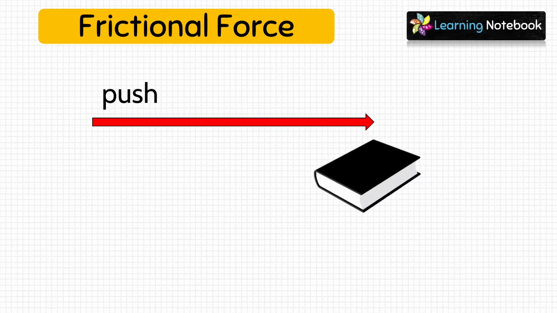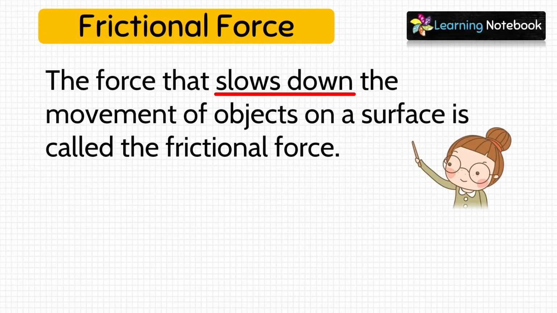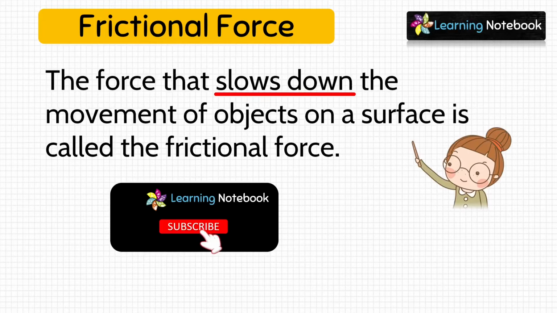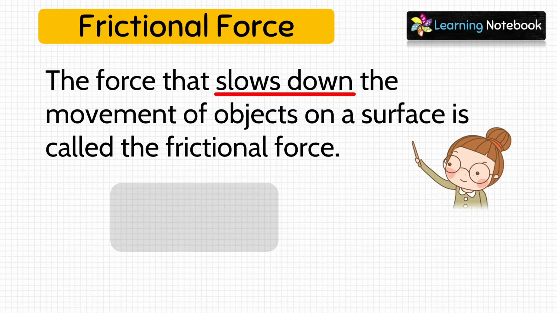This is because there is a force between object and the floor, and this force slows down the object. This force is called frictional force. So students, the force that slows down the movement of objects on a surface is called the frictional force.